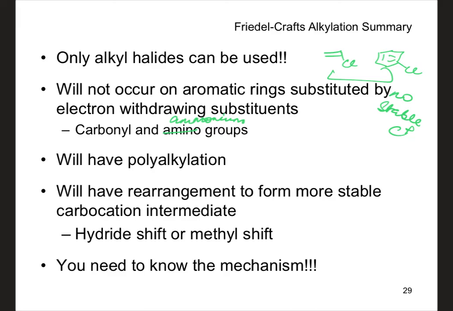It also had a problem of polyalkylation, so many R groups getting generated. So one R, another R, and I gave you some examples of that. Rearrangement can take place, the 1,2 hydride shift, as well as the 1,2 methyl shift, to give you the more stable carbocation.